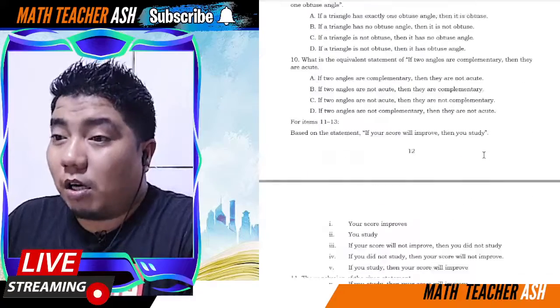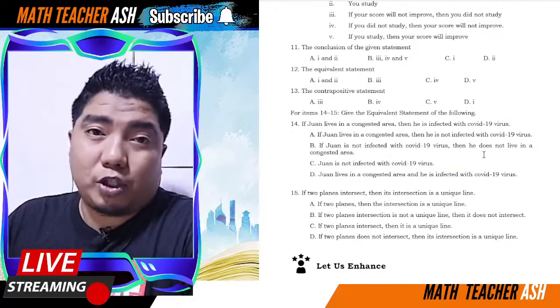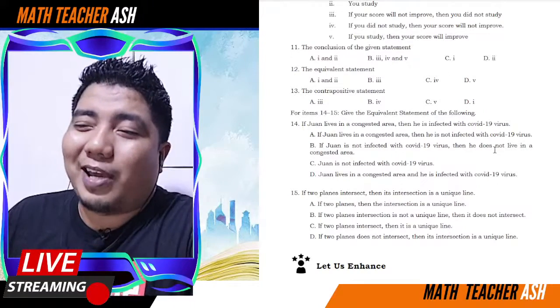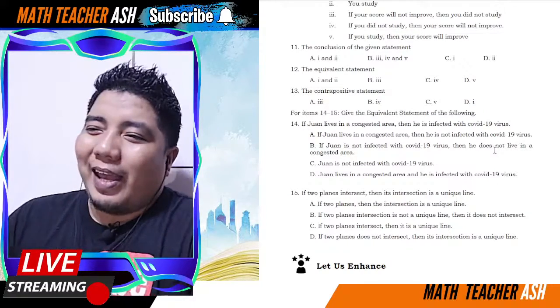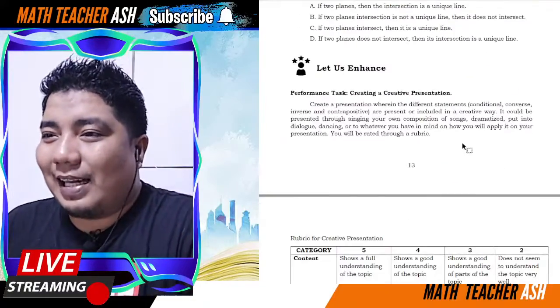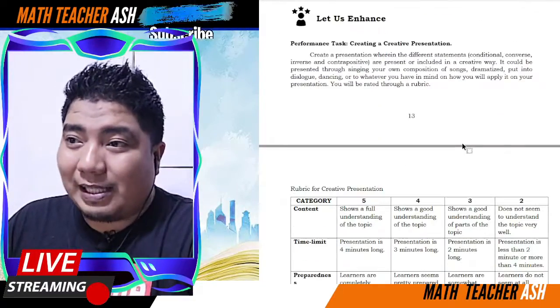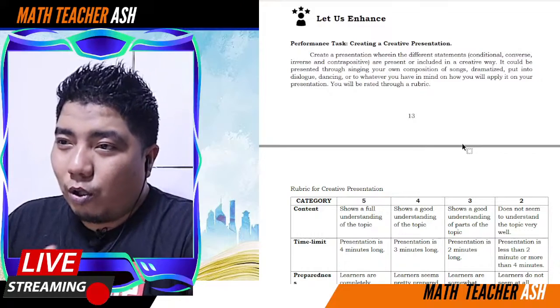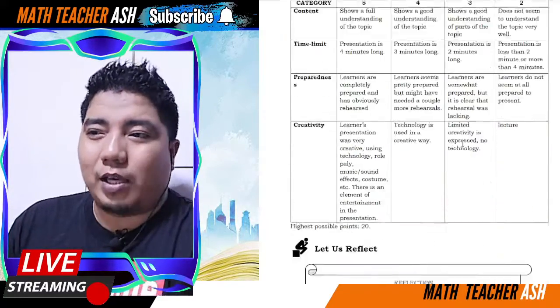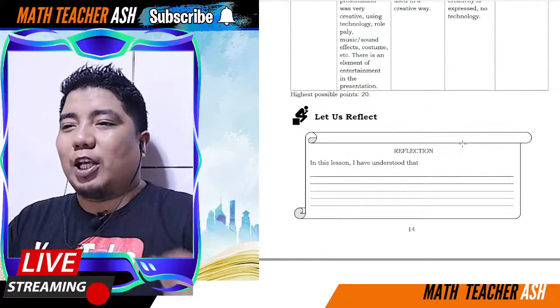These are 15 questions pa rin, and make sure na tama yung mga sagot ninyo dito. And after the post-test, you have the Let Us Enhance. This is the performance task. You follow the instruction and the rubrics. Then, after that, you have your reflection.